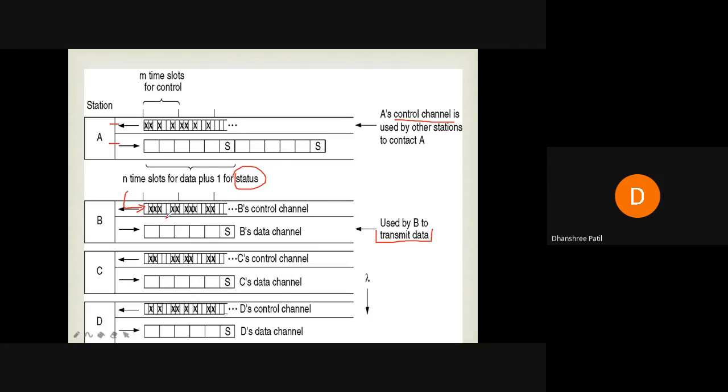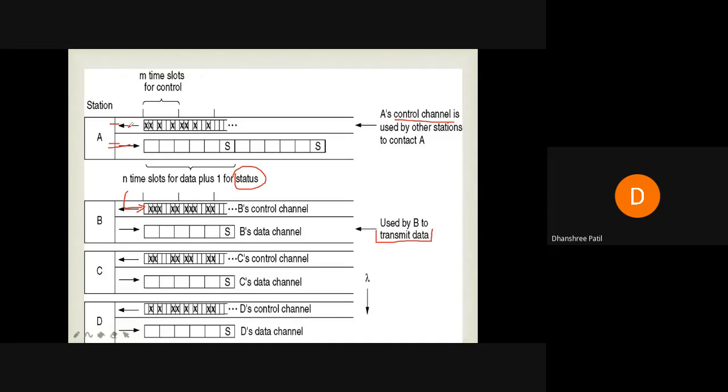And once B is free and B can also talk with station A, or it wants to talk with station A, then B will communicate with A in A's transmission data channel.